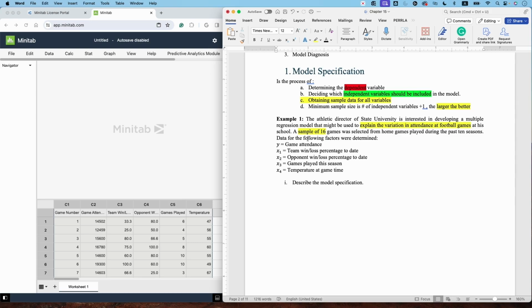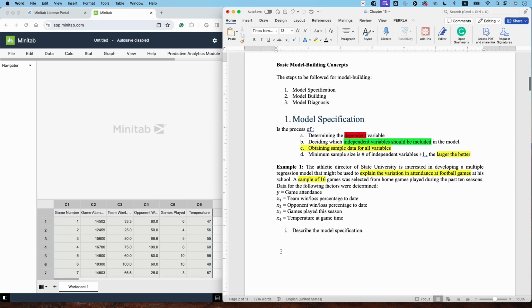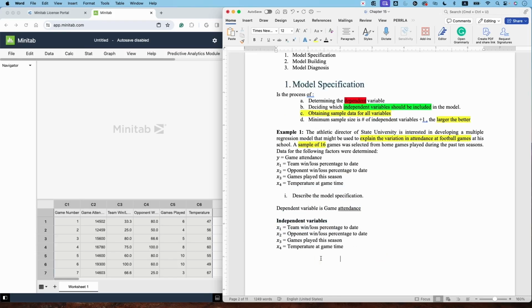For the model specification, we would like to know the dependent variable first, right? The dependent variable, just write these down. Dependent variable is game attendance, right? Also, we have the independent variables. So I have all of these, my independent variables. Also, I have a sample size, 16 games, right?